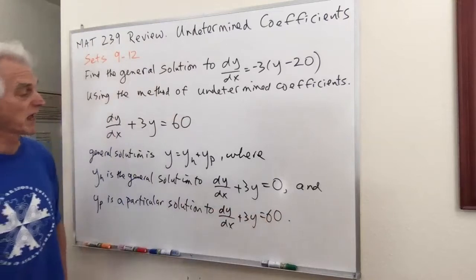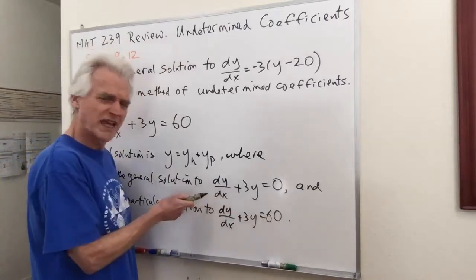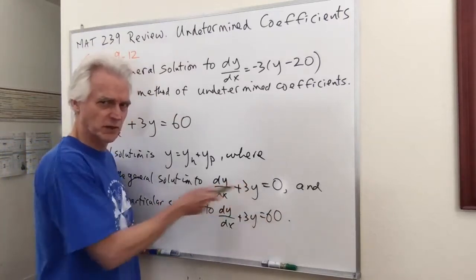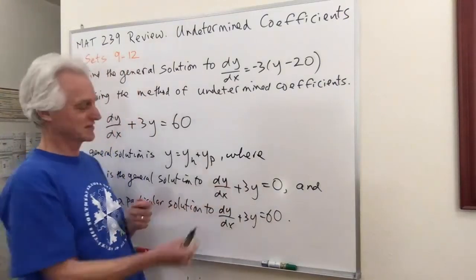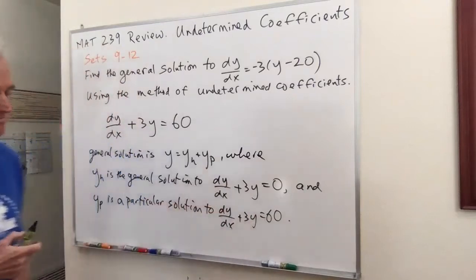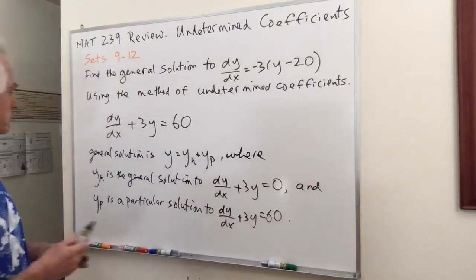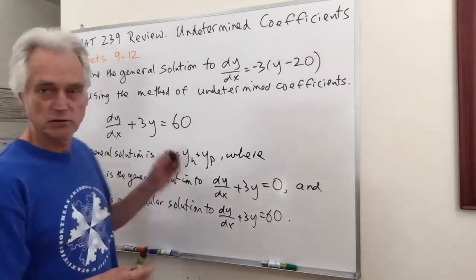Okay? So I've got to find more than 38 trillion solutions to this one. I've got to find an infinite number of solutions to this one and just one measly solution to that one. Okay. All right. And that's how I find the general solution.